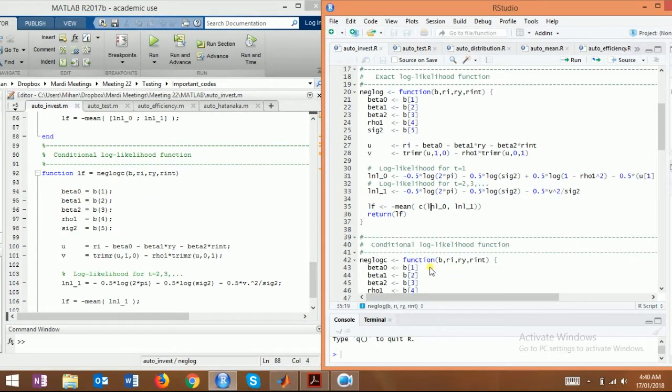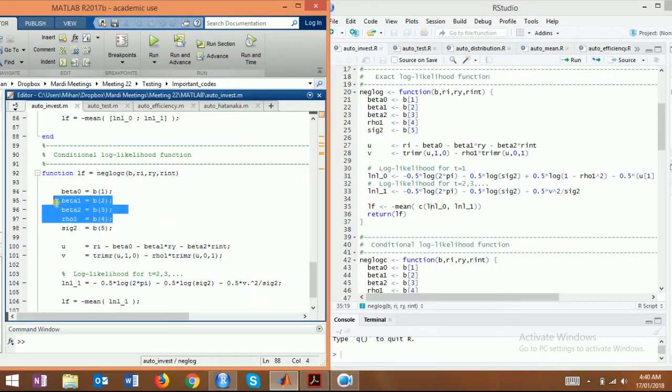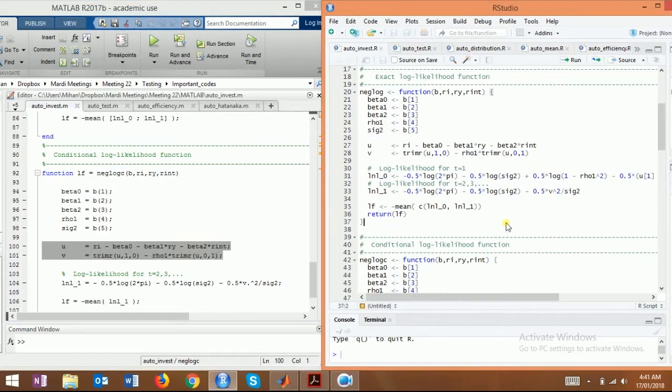Then the second function is the conditional log likelihood function. Everything remains the same: beta 1 ri, beta 2 ri, and trimmer. This is also exactly the same in conditional.